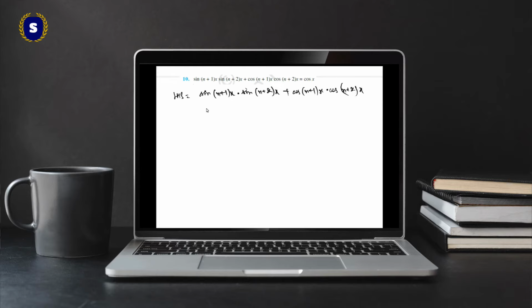So again, let (n plus 1)x be a and (n plus 2)x be b. Let's replace these angles. So our LHS will become sin a sin b plus cos a cos b. Multiplying and dividing by 2, we will get this equation.